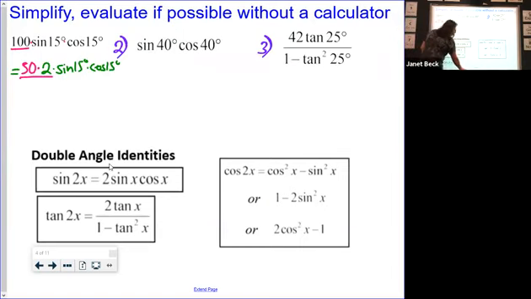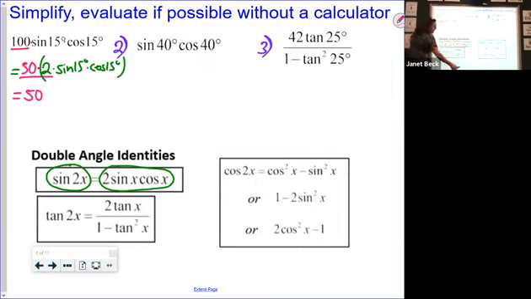Now can you see what we've got there is we've got 50 multiplied by this. And that stuff in green is this, and I can replace it with this. So what I've got is 50 times the green stuff, and the green stuff can be written as the sine of the doubled angle.